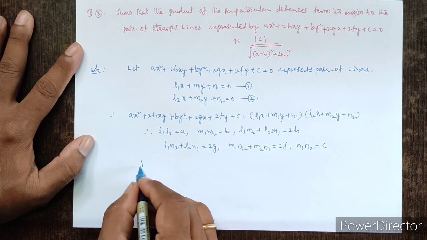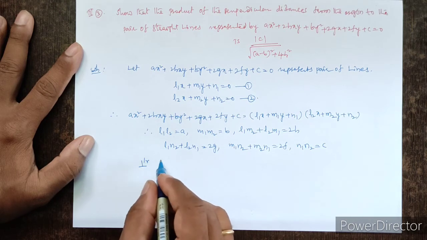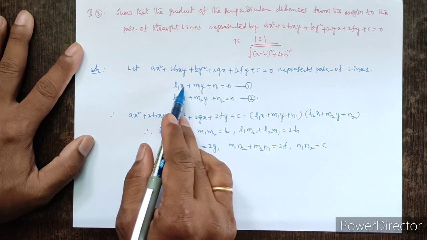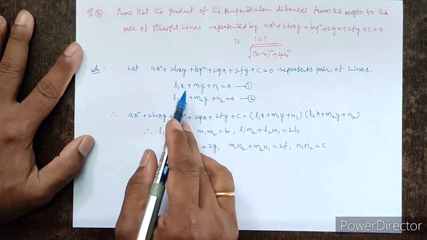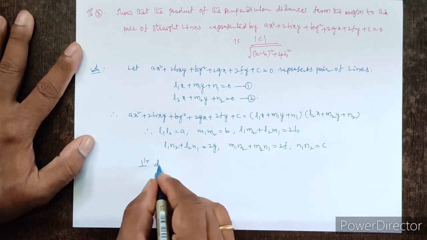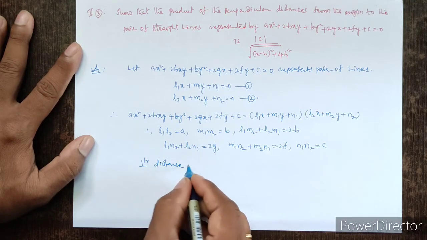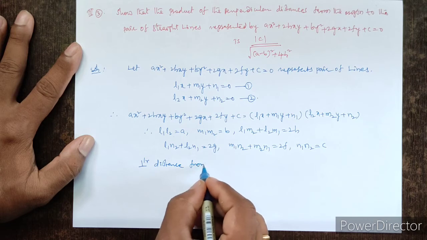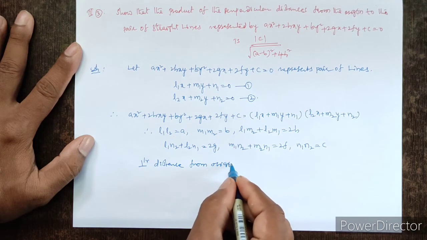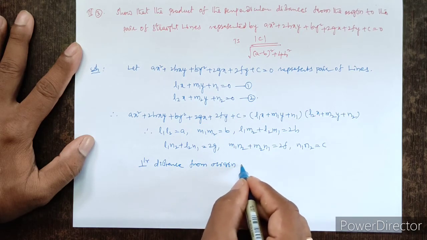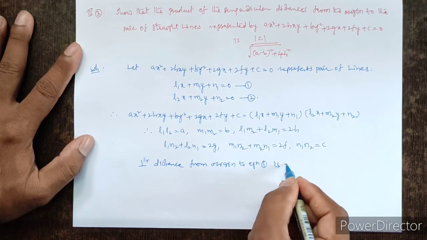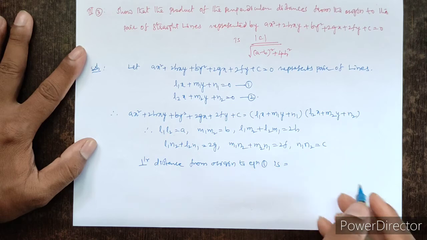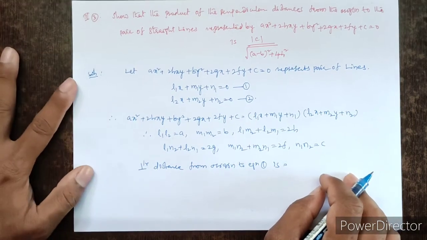Okay, what is the perpendicular distance? Perpendicular distance from the origin to this line, the first line. The perpendicular distance from the origin to equation 1 is modulus c by root of a square plus b square.